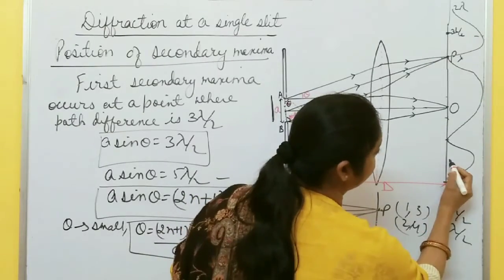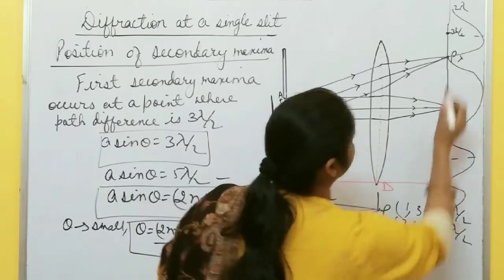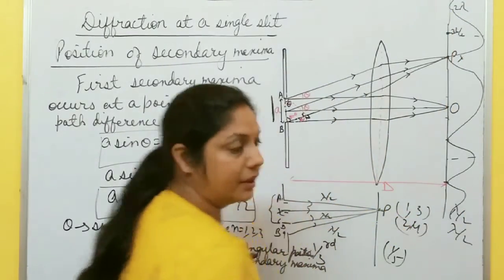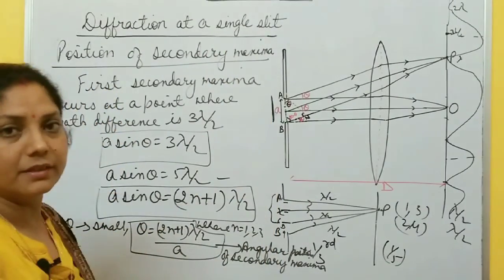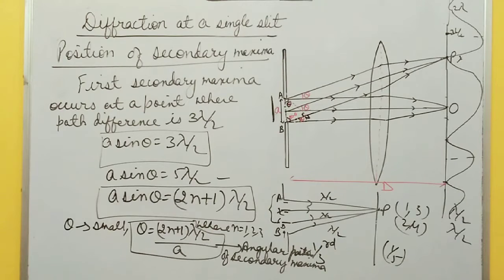Here again, on both sides, the first secondary maxima is formed. Then the next secondary maxima, at 5 lambda by 2, is formed. In this way the intensity pattern is formed on the screen. Okay, take a screenshot of this one. Then next we will discuss the intensity distribution of the diffraction pattern.